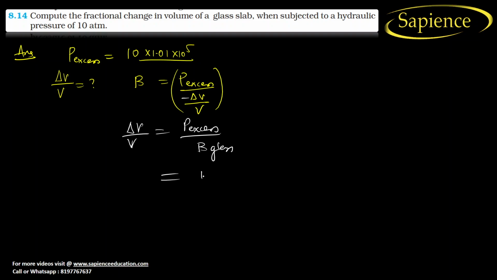Now P excess is 10 into 1.01 into 10 to the power 5 Newton per meter square, and the bulk modulus of the glass is 37 into 10 to the power 9. You will find this in the data book, or in the exam they will provide you this data. So bulk modulus B for the glass is 37 into 10 to the power 9. When we calculate it, we get 2.73 into 10 to the power minus 3.